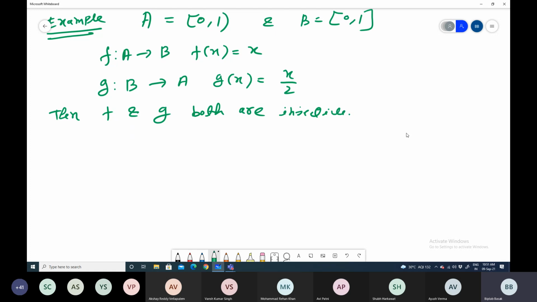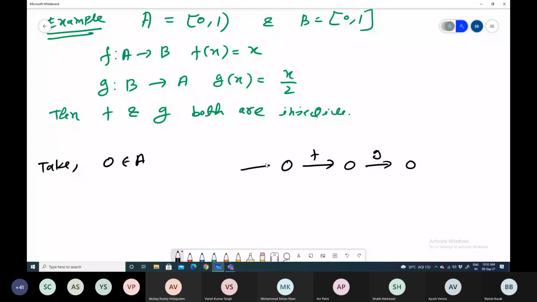How to find that? Now see, take 0. 0 belongs to A. Now where does 0 go? It goes to 0 by f, g. And what is the inverse image of 0 by g? Again, this is 0, right?